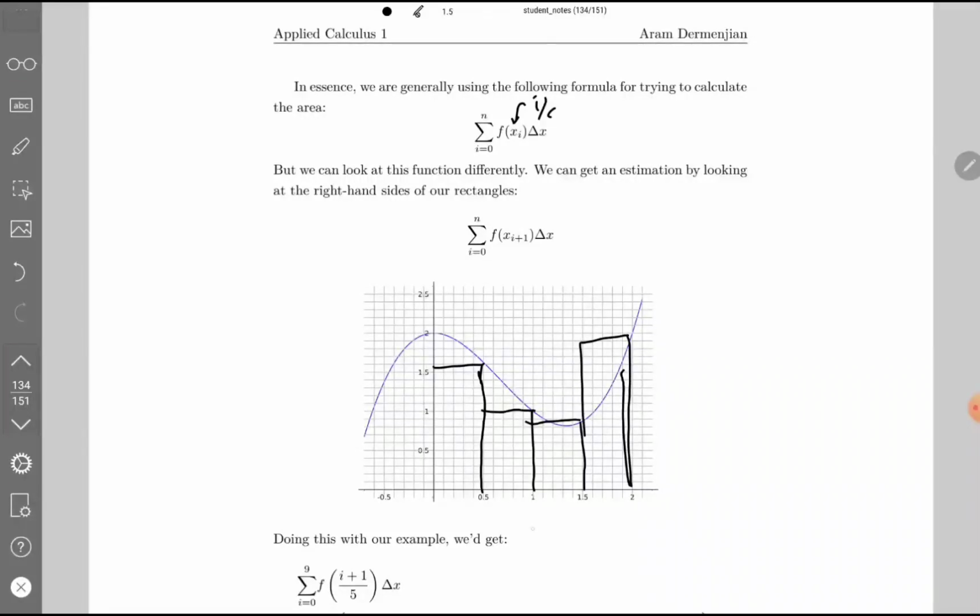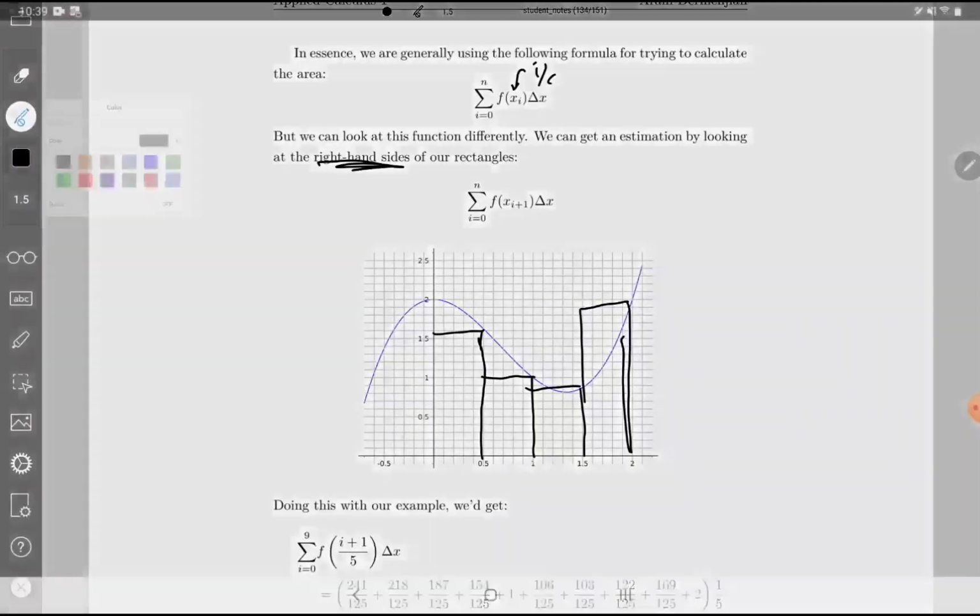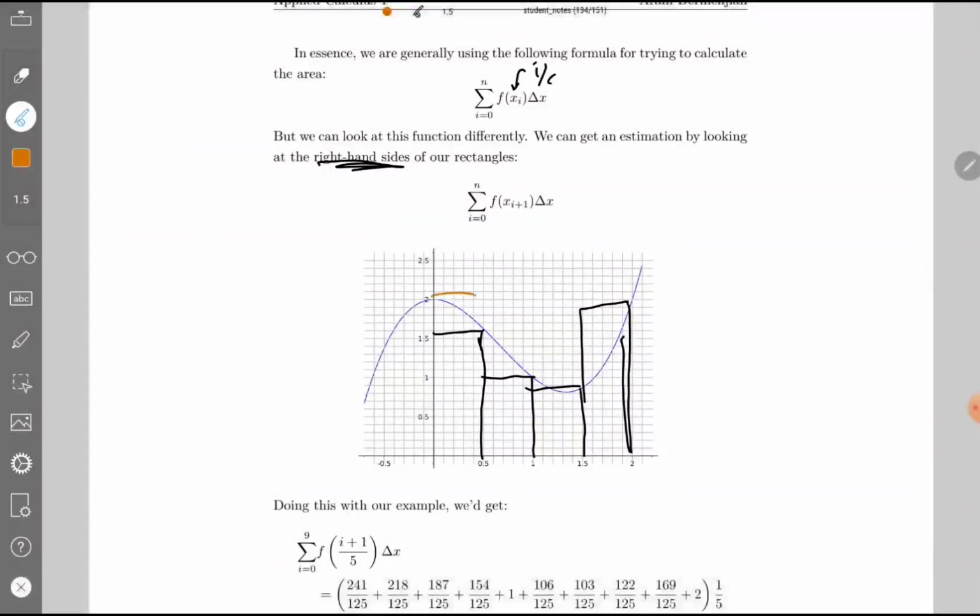And so I can look at the right-hand sides of our rectangles instead of looking at the functions from the left. Let me draw the left one on top of it. This was our original one. So our original one looked like this, looked like this, looked like this, looked like that.